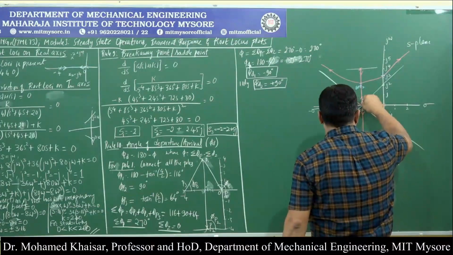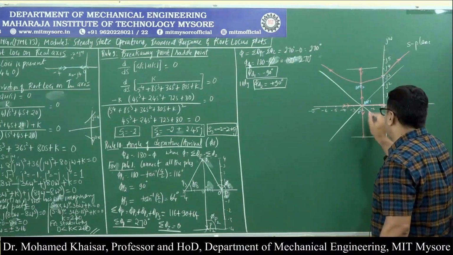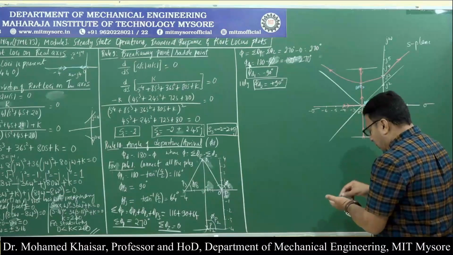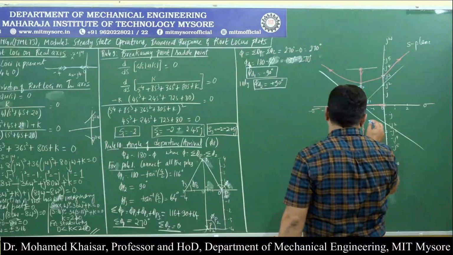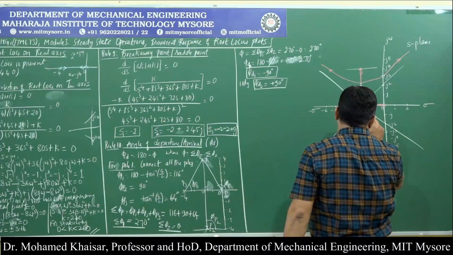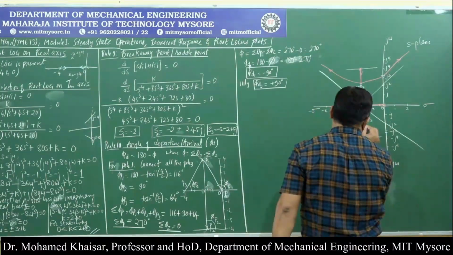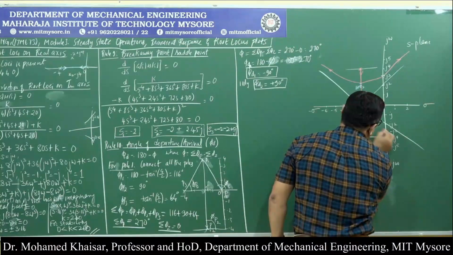After breaking away from here, the branch goes down, and from this pole it goes up, so again there has to be a breakaway point. That will exist at minus 2, minus j2.45. It will be here, BAP3.